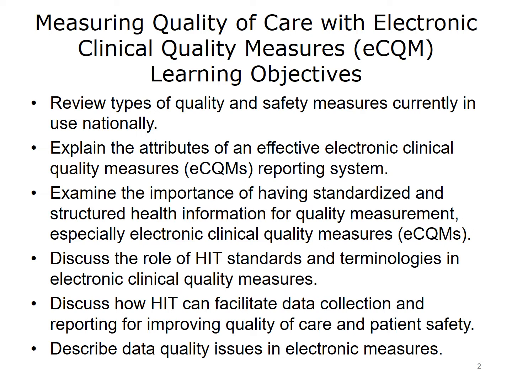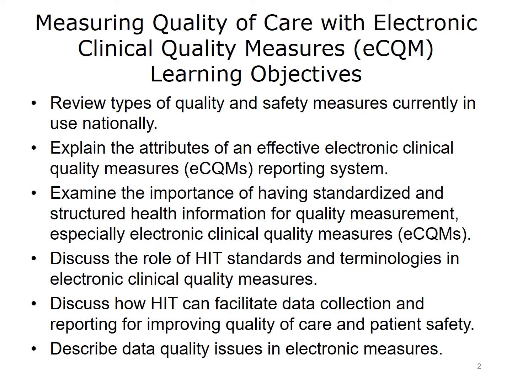The objectives for measuring quality of care with ECQMs are to: 1. Understand the various types of quality and safety measures currently in use nationally. 2. Explain the attributes of an effective electronic clinical quality measures, ECQM, reporting system. 3.